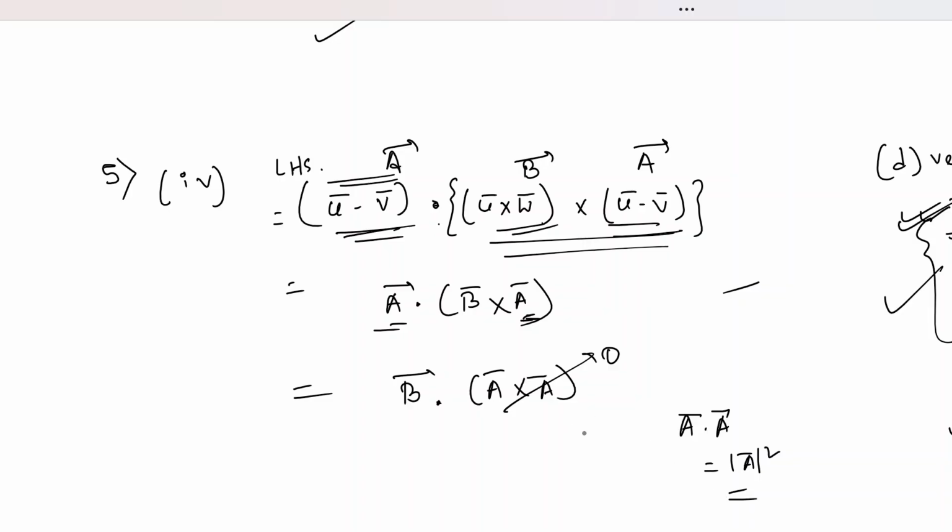But a cross a gives you 0, because for the same vector the angle between them is 0. You have a sine theta term in the cross product and sine 0 degrees is 0. On the other hand, you have a cos theta term in the dot product and cos 0 degrees is 1. That is why they behave differently, and a cross a is already 0.